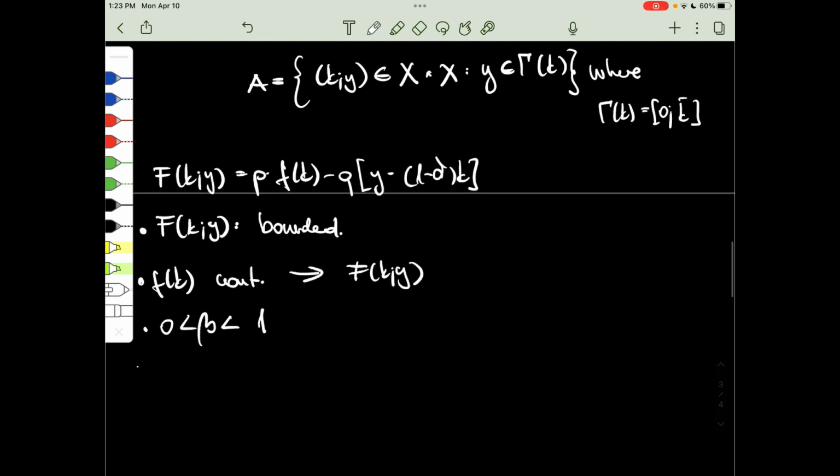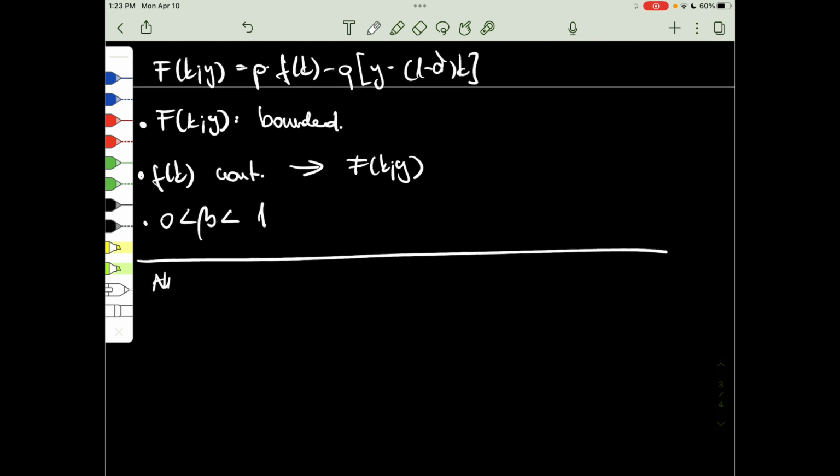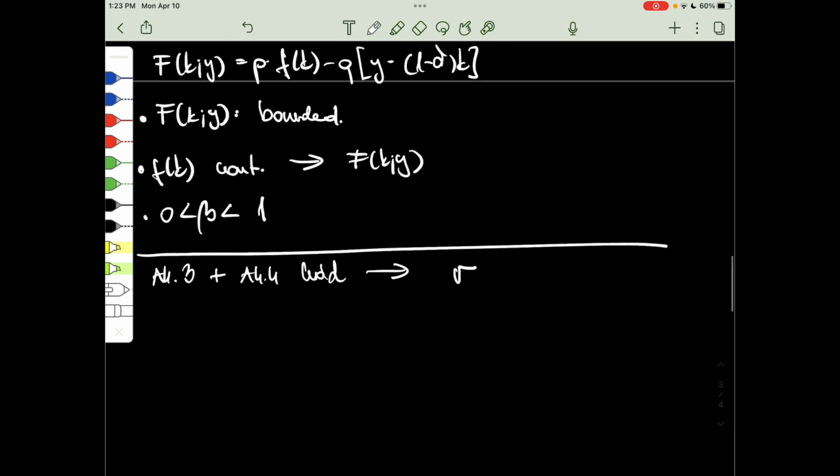So we can conclude that assumption 4.3 and assumption 4.4 hold. So there is V as the unique fixed point of the Bellman operator.